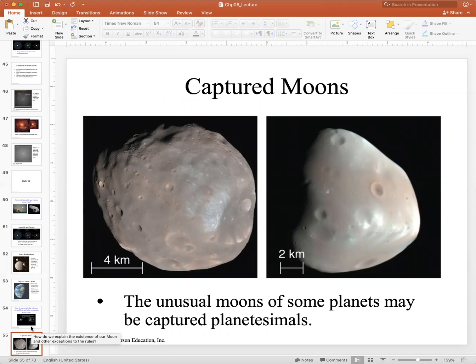You can capture a moon, which is a small object, usually kilometer-sized, so about 1 kilometer to several tens of kilometers. This is how most of the planets in our solar system got their moons, like Pluto, Uranus, even Jupiter. An object comes along, eventually ends up trapped in the gravity of a planet, and starts rotating around it. That's called a captured moon.